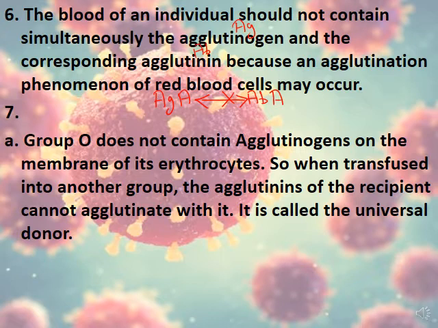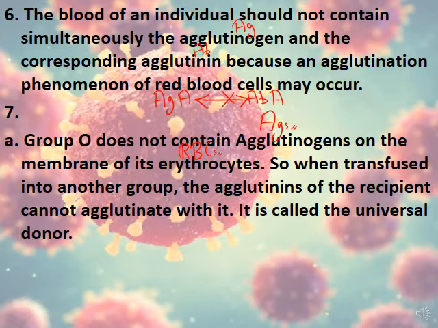Part 7, blood group O, as we saw before, doesn't contain any agglutinogen. There are no antigens on the membrane of its erythrocytes, meaning red blood cells. So when blood is transfused into another group, the agglutinins, the antibodies, will not find any enemy.